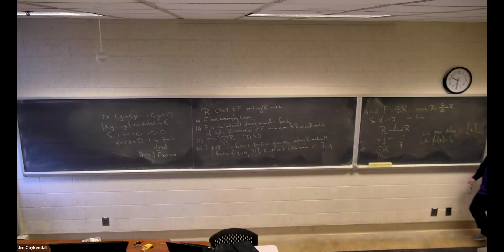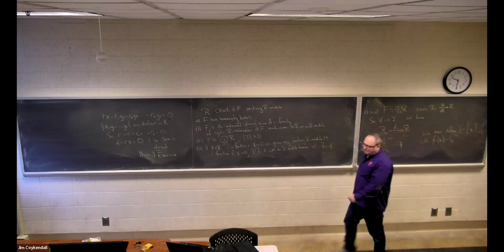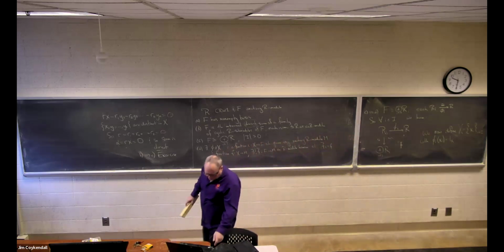Each Ri is isomorphic to R as an R module, and I am going to choose my xi to be whatever goes to the one. The important thing here is as an R module, one is the generator. Because this is an isomorphism, there must be some xi that goes here. xi should function as the generator of Ri. That's kind of the thinking behind that.